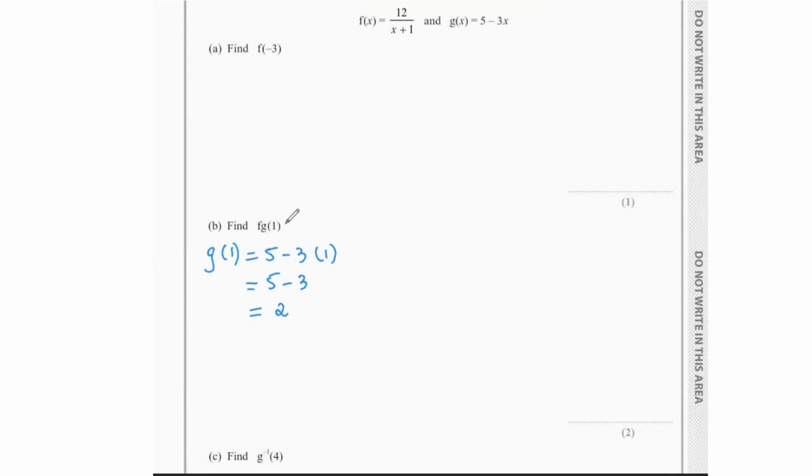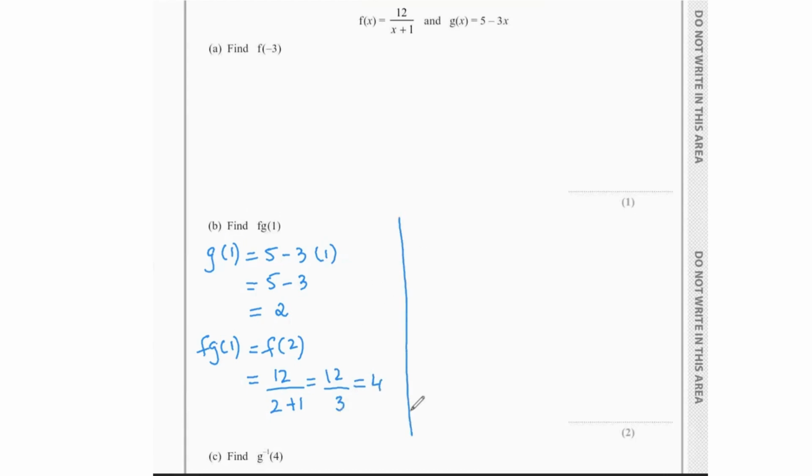Since it's f of g of 1, that is the same as f of 2. Because g of 1 has the value of 2, so 2 becomes the domain of f now. So f of 2 is going to be 12 over 2 plus 1, just 12 over 3, and that's 4.